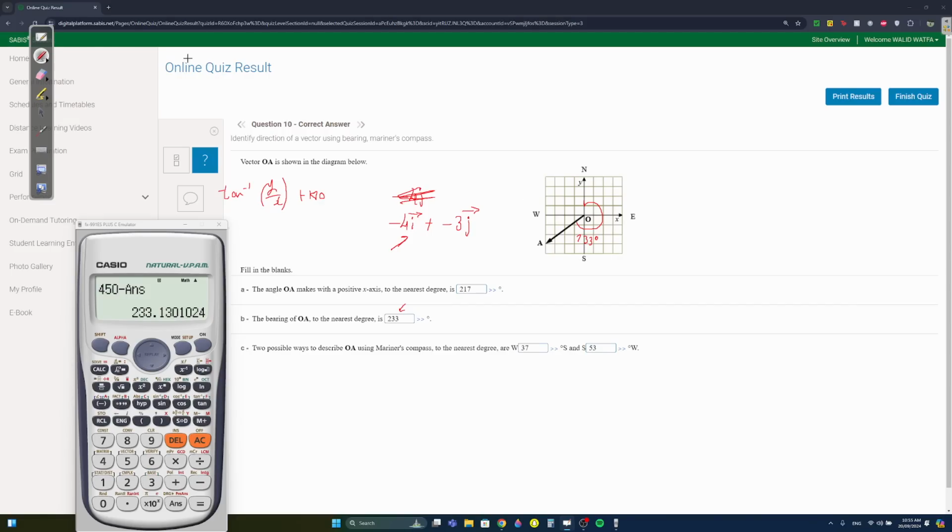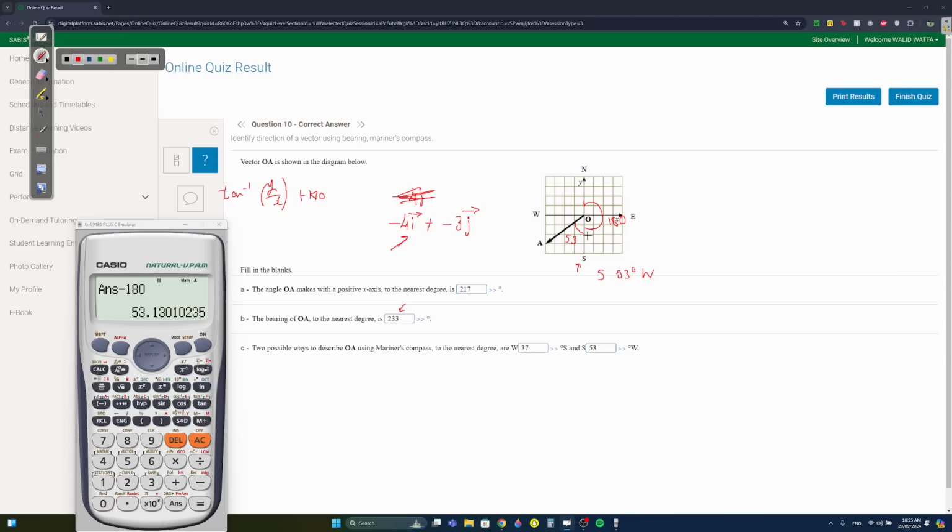So let's see. We know that this is 180 over here. Okay, 233 minus 180, you get 53. So this angle over here is 53. So we can either go south 53 degrees west, right?